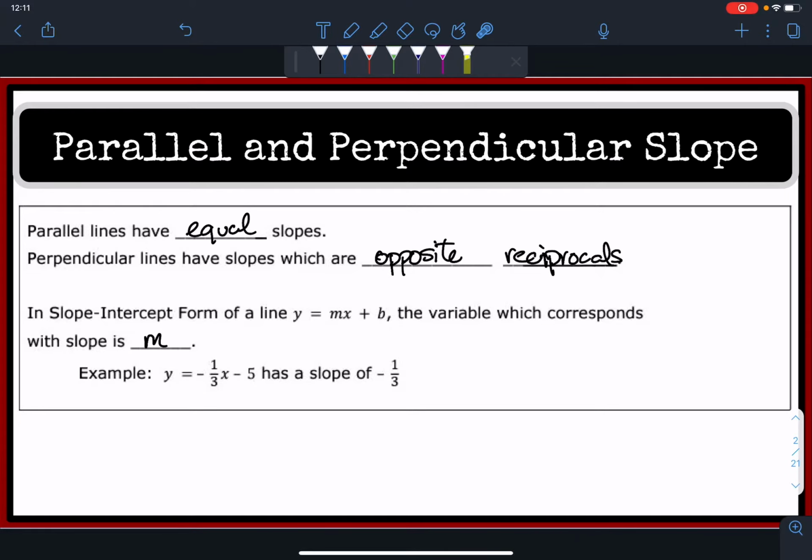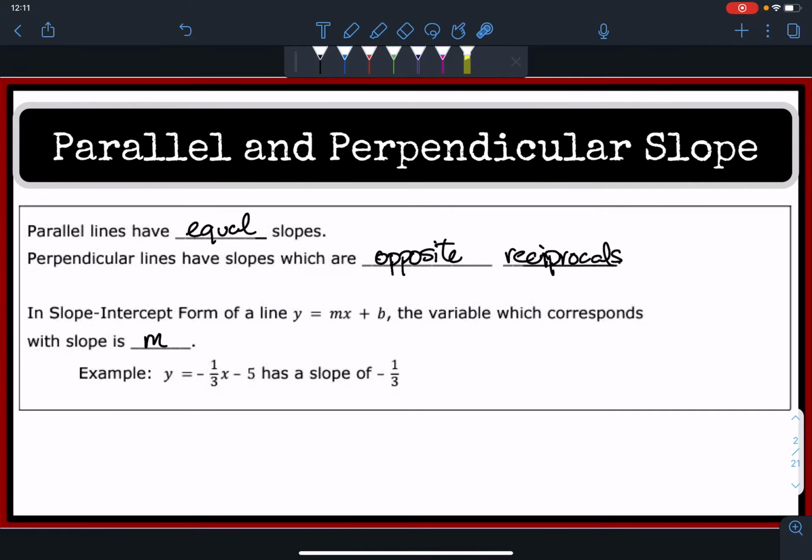So we have to be able to recognize when we have the slope-intercept form. And it's easy to recognize because we're solving the equation for y. So like in this example, y is equal to mx plus b, our slope would be the number -1/3.